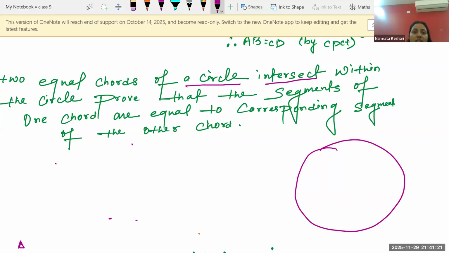Okay, these two chords are intersecting each other as well. That means these two chords which are equal in length are intersecting each other. That's what is written in the question. Till here it is clear to me. Is it clear to you as well? Just a moment.